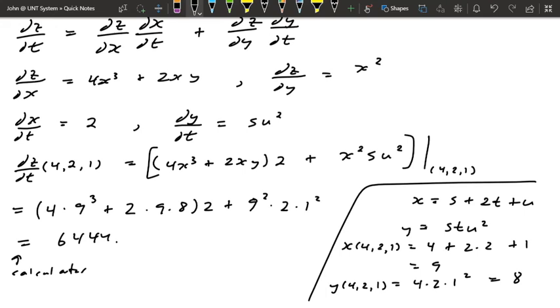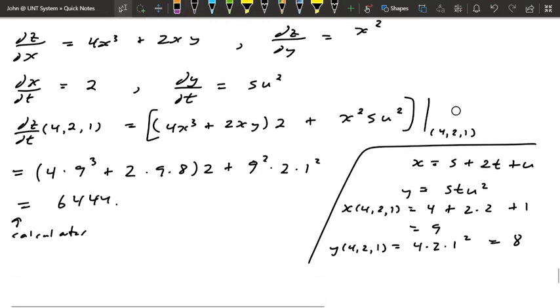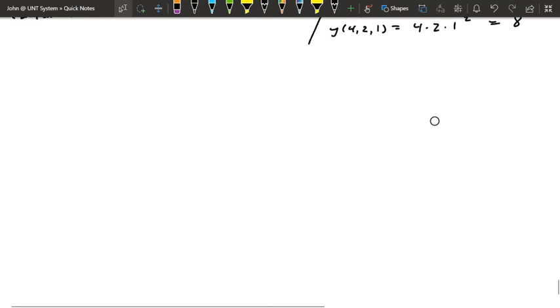Okay, and then the last thing we covered was this material about the directional derivative and the gradient. The general idea of the directional derivative is that it's just a generalization of partial derivatives. You think of partial derivatives as giving the slope of the tangent line in two specific directions, the x-axis direction or the y-axis direction.